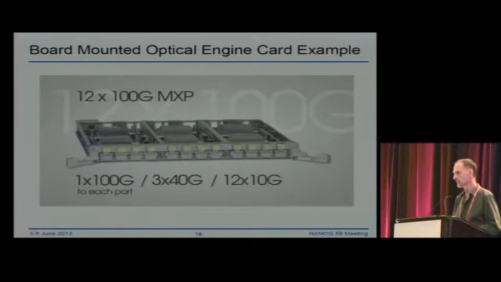So here's an example from a router company called Arista that's just been recently introduced, where they've put optical engines on their card right next to the ASIC, and all they have on the front panel are dedicated MPO connectors. So there's 3 banks of 4 connectors which can be configured either as a 100G port, 3 40G ports, or 12 10G ports.